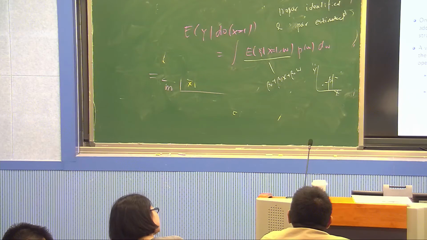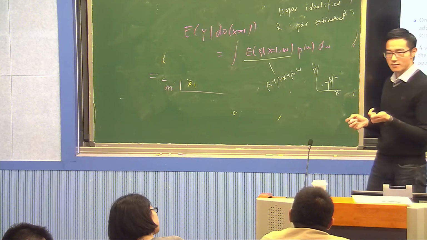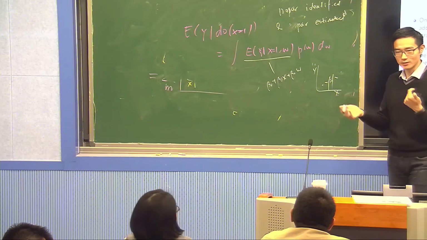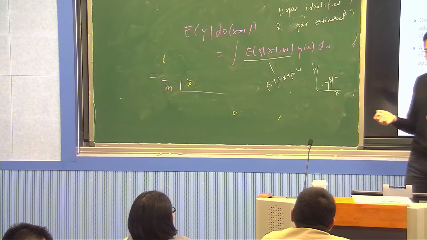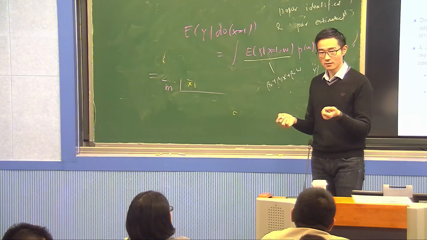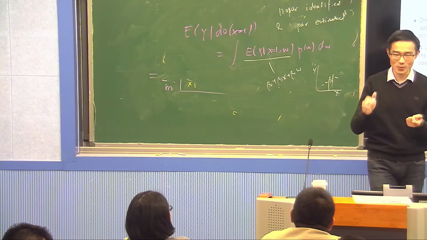What does exogenous mean? It's correlated with x, but not correlated with what? It's not correlated with the error, right?